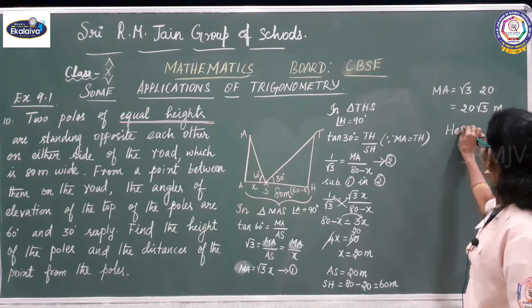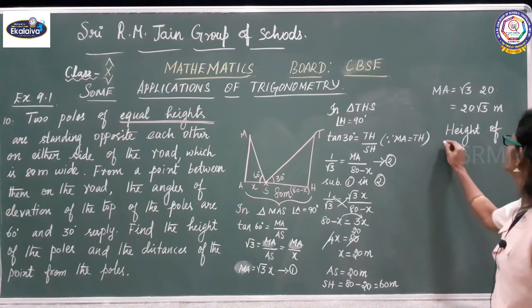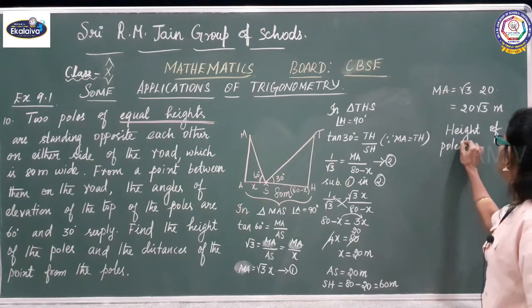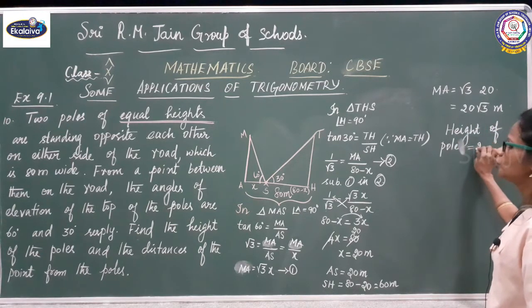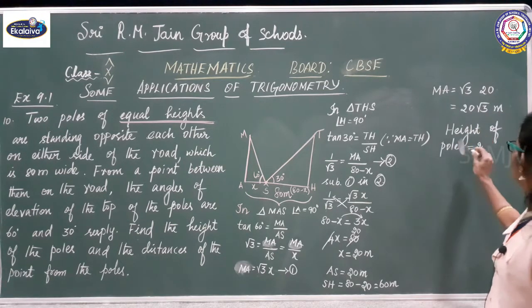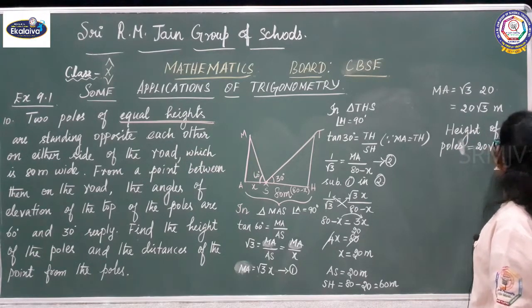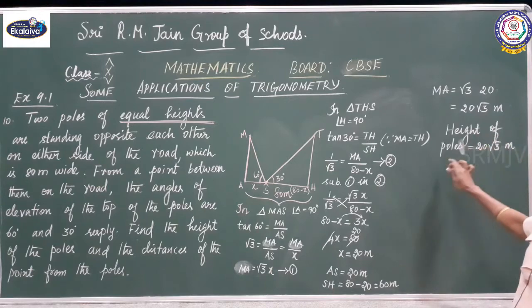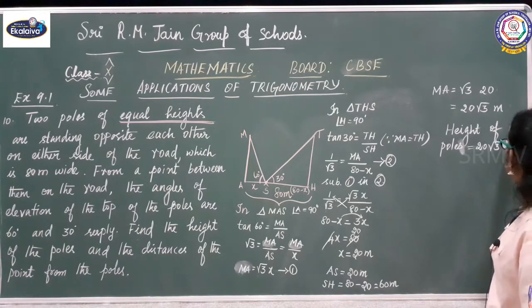Height of the pole equal to 20 root 3 meter.